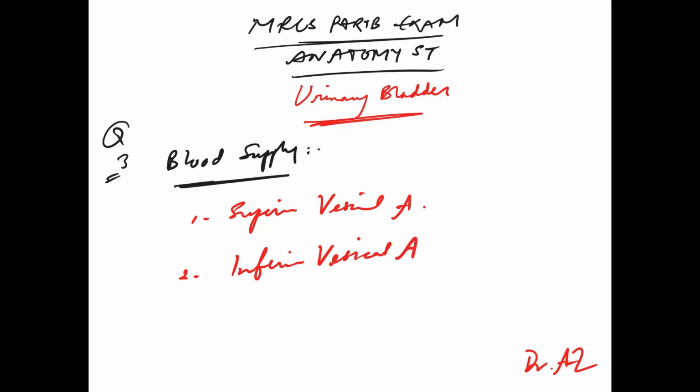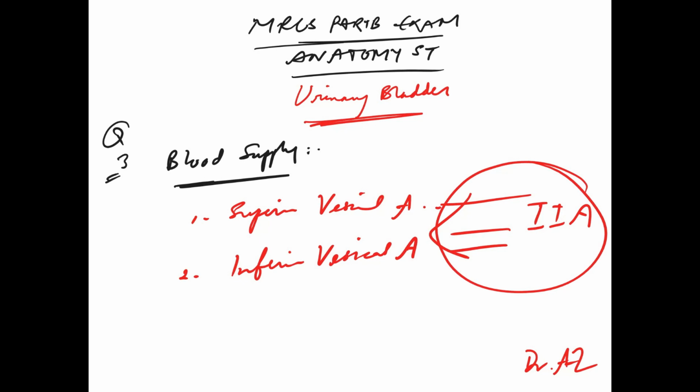To make your answer complete, you want to mention that those are coming from the internal iliac artery. This is a full answer. You want to add this part so that you can get the full mark of this question.